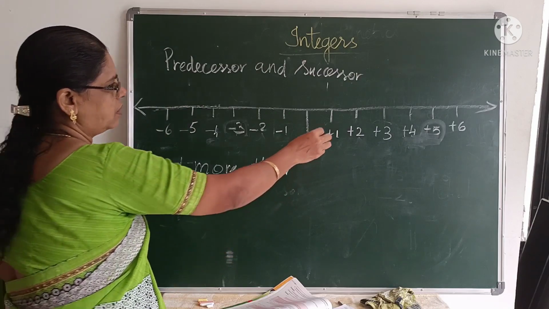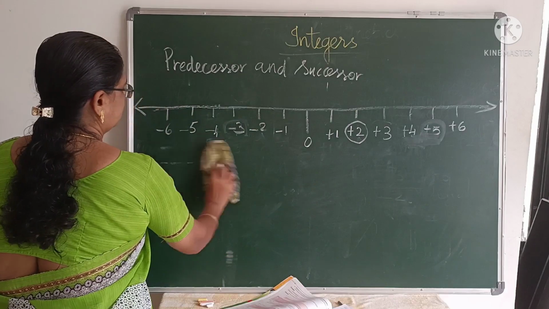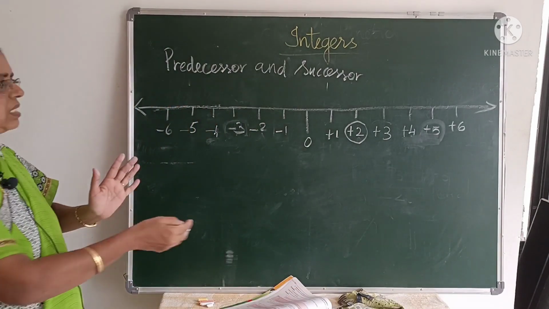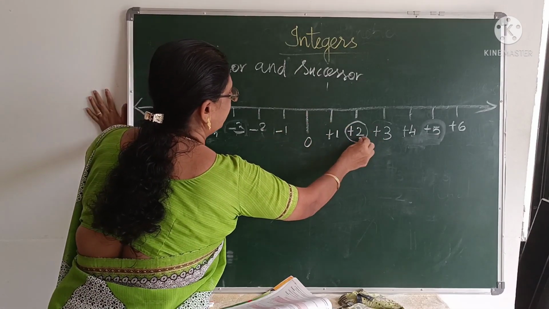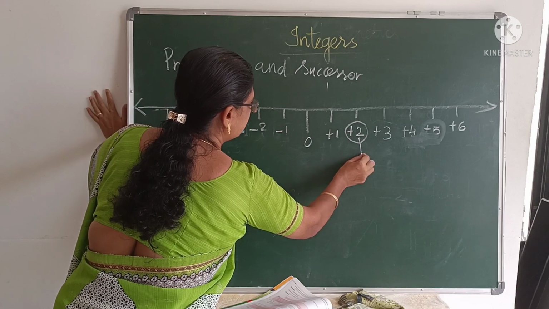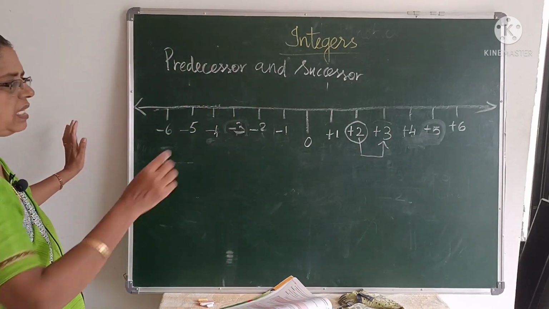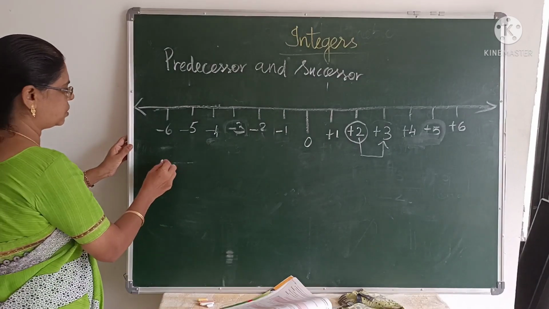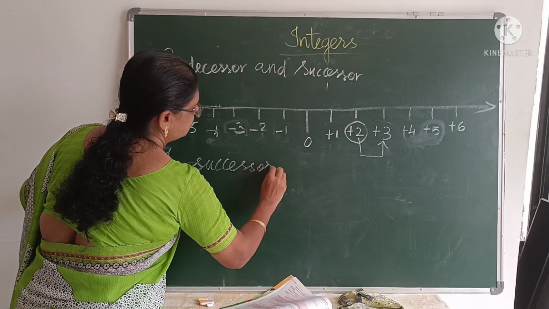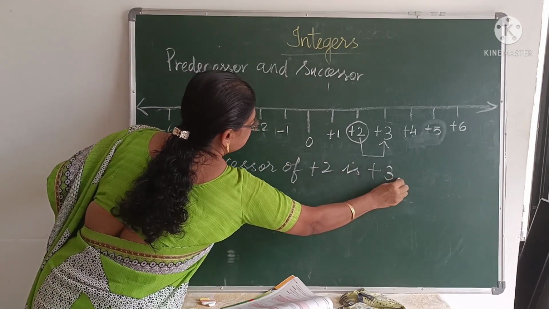So if I ask you which is the successor of plus 2 on a number line, you have to just look at the right of the given integer. The given integer is plus 2, and just right of it there is plus 3. So plus 3 is the successor of plus 2.